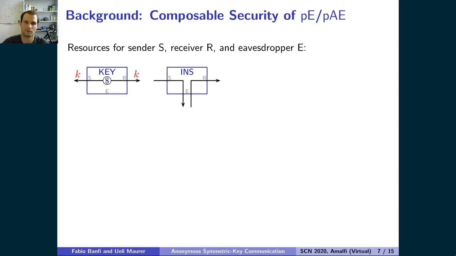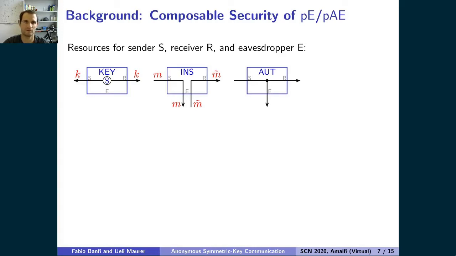Then the second resource that we need to define is an insecure channel, which allows the sender to input a message which is output at the adversary, and allows the adversary to input a message which is not necessarily the message that the sender input, and such message is output at the receiver interface.